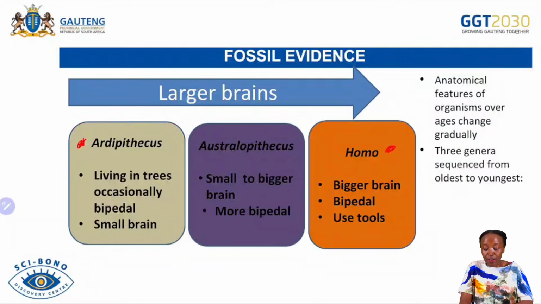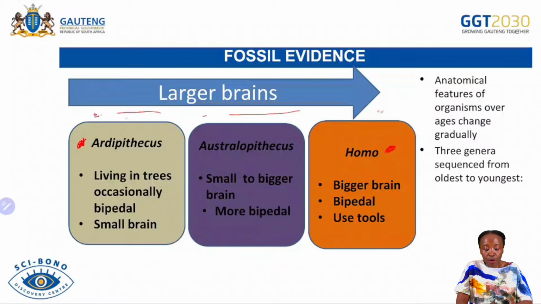As you can see, the arrow there shows that these had a smaller brain, but through evolution, the current humans that are present now have a larger brain capacity compared to the Ardipithecus.